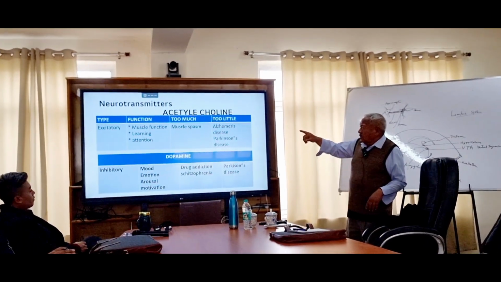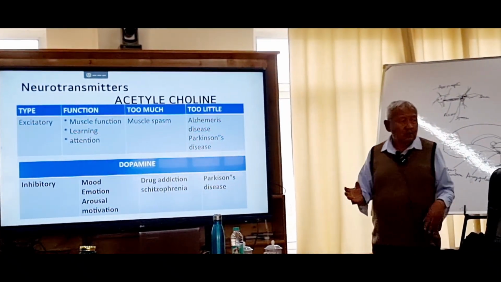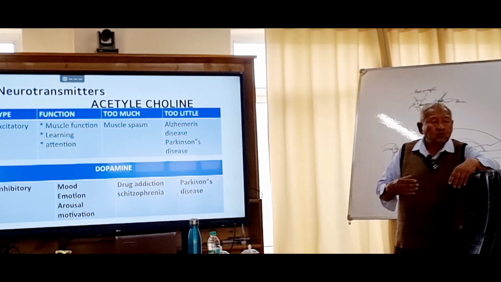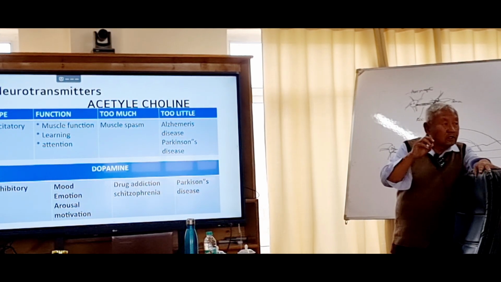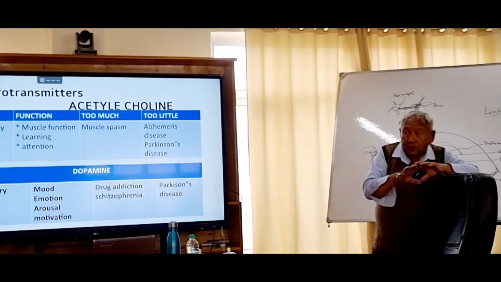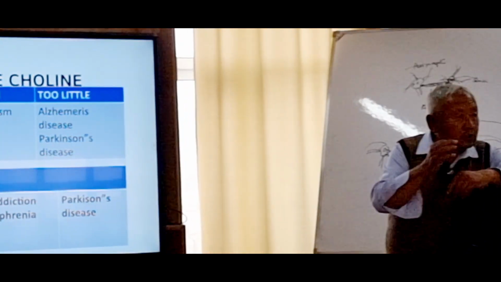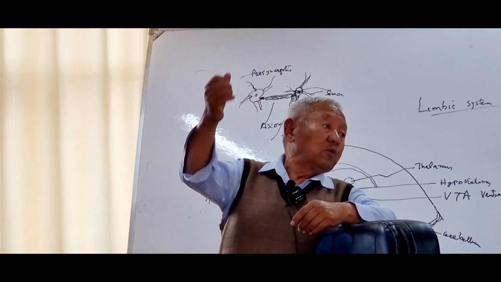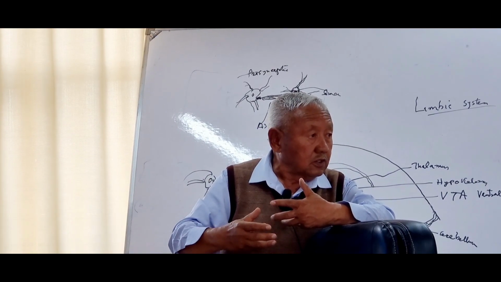Now, if this acetylcholine becomes too much in the synapses, how does it become too much? As I said, in the synapse, when the neurotransmitters are there, some of the neurotransmitter gets diffused by itself. Some of the neurotransmitter, through the enzymes, goes back into the neuron to make fresh neurotransmitter.